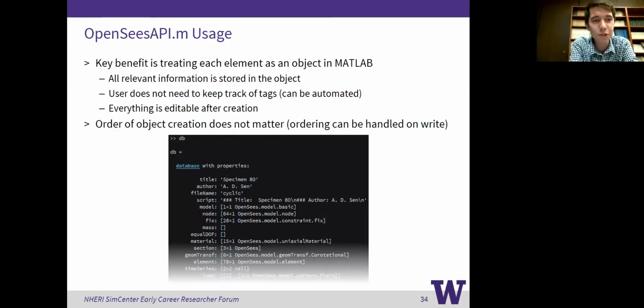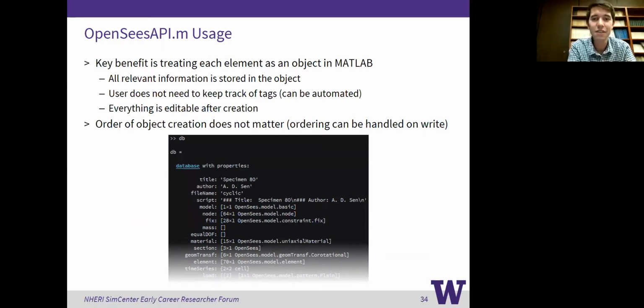So the way I'm using this OpenSees API, I'm using MATLAB, and there's a couple of benefits to doing this that I already touched on a little bit. All relevant information is stored in this MATLAB object now, so I can interface with it using MATLAB. I don't have to think about using Tickle really. And the user does not need to keep track of any of the tags that you need for the elements or materials or nodes.